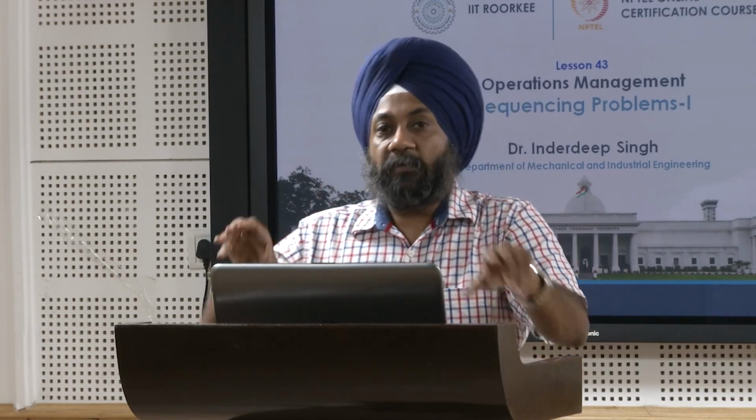Then if the minimum processing time belongs to column B, that is for machine B, we can find out the value of the minimum processing time. We have to look at all the values and try to figure out which is the minimum processing time.